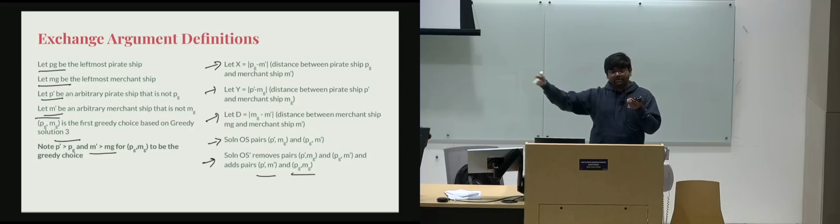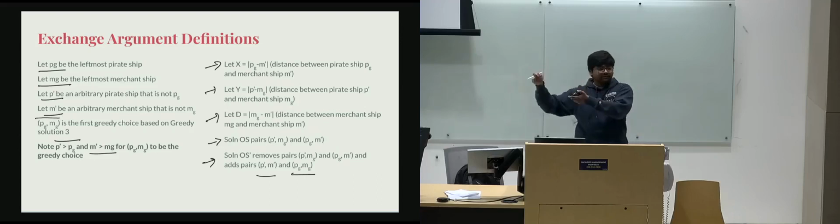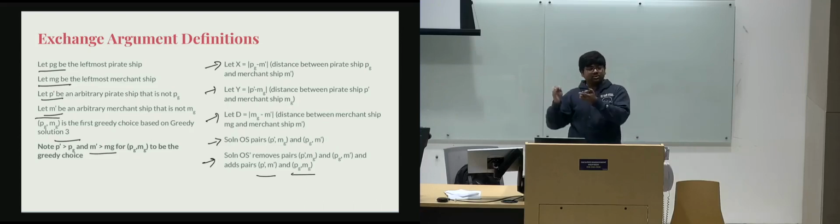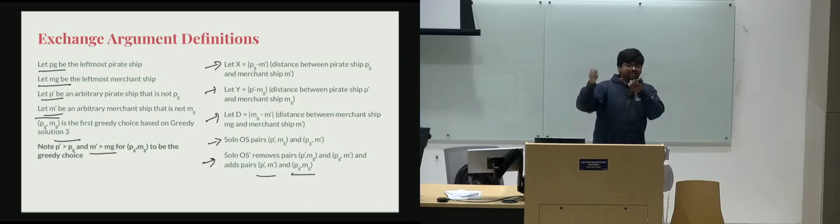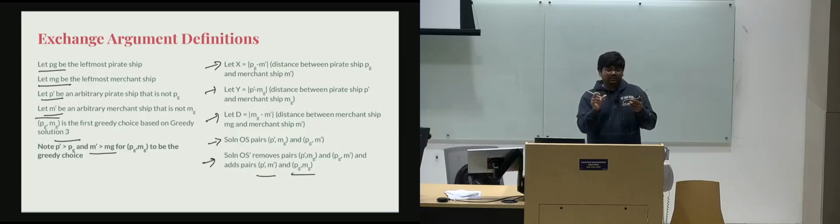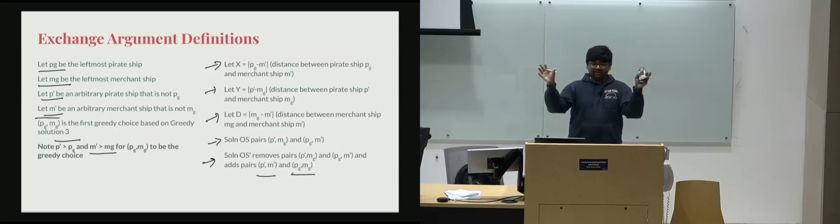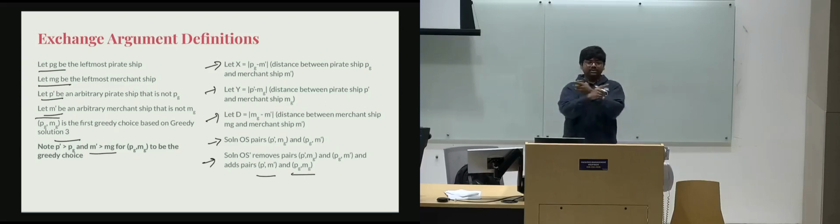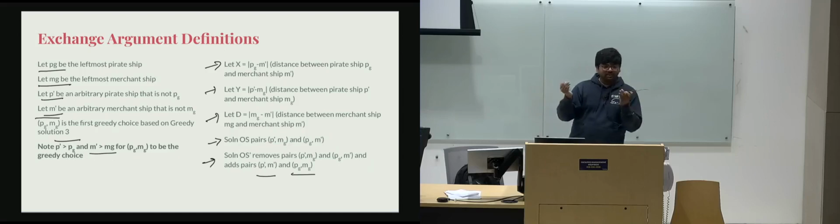Similarly, the leftmost merchant ship will have to be paired with some arbitrary pirate ship. We don't know if those two can be paired together, but we say let them be any arbitrary ships that are paired together. Now if we take these two pairs and swap the merchants and pirates, we need to show that the new two pairs give a solution that is better than the actual OS.